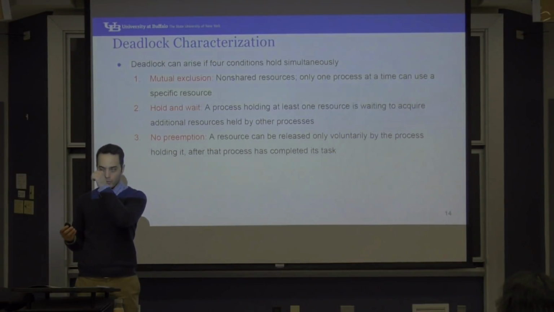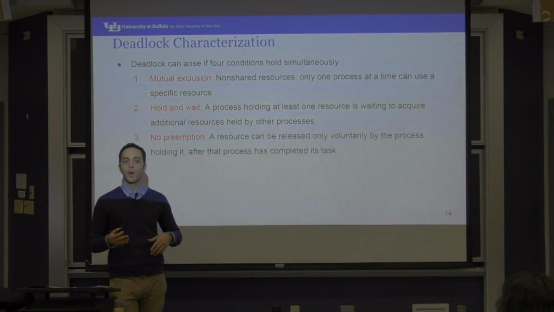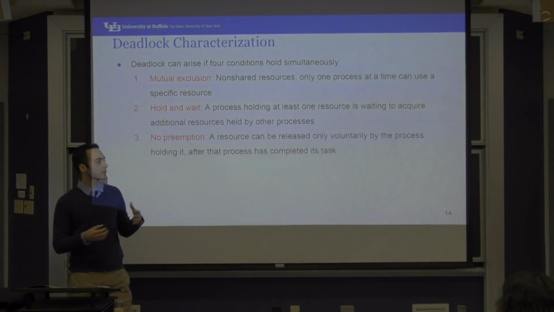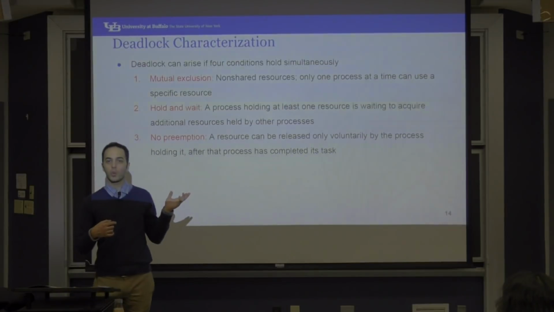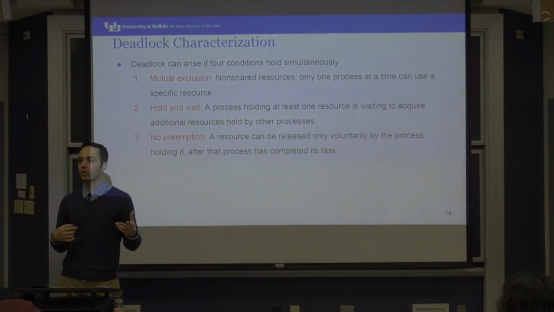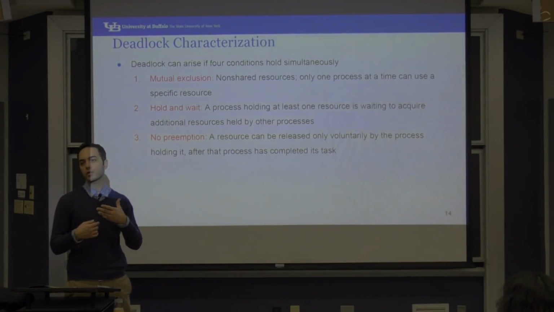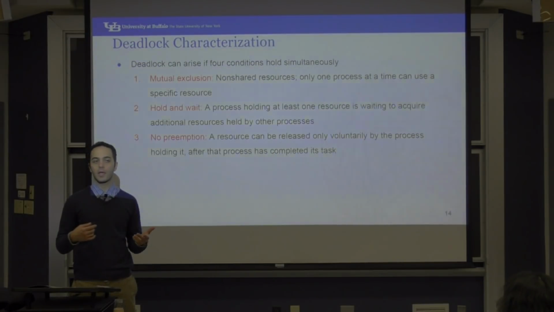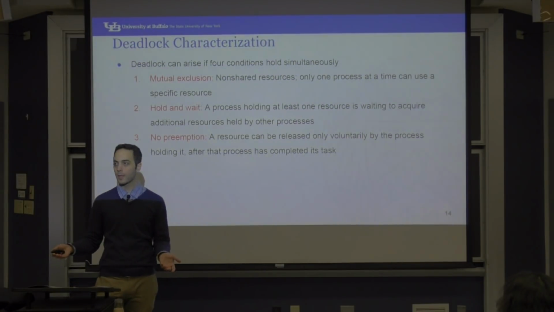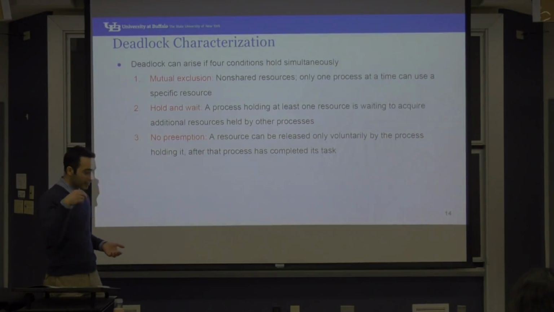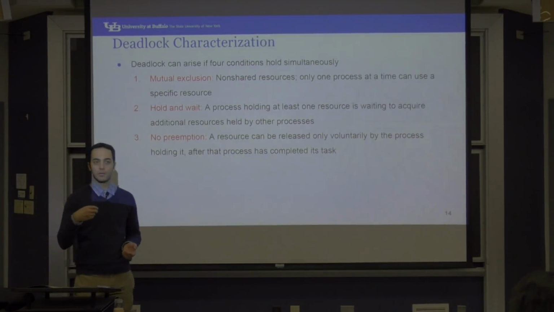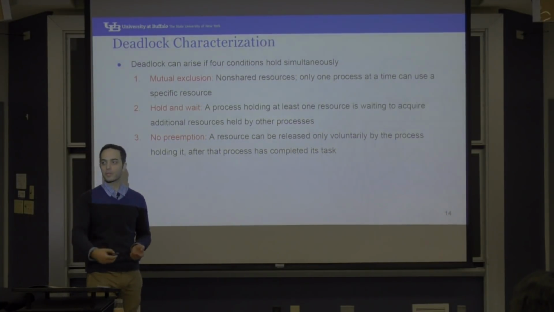That is an example of a resource, the CPU. But in the general concept, no preemption is when the resource is not forcibly taken away, and you have to finish your task and then voluntarily release it. So if this holds, then there may be a deadlock for that resource.